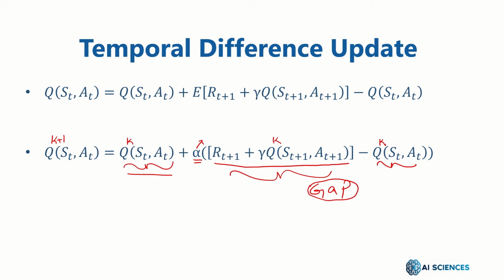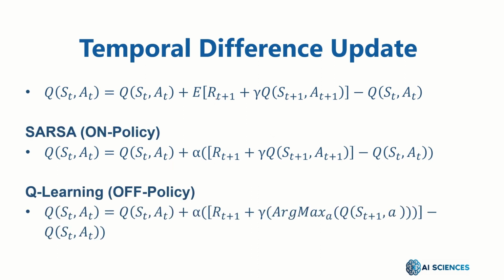In this temporal difference update, there are two main algorithms. One is called SARSA, given a particular policy, and the other is called Q-learning, without any specific policy, and the update follows in the following way. First of all, we do not have the true expected value, so we use these values as an estimate of this expectation, and by the law of large numbers, if you do a lot of runs, these values converge to the true expectation.